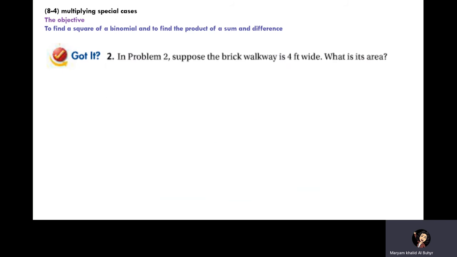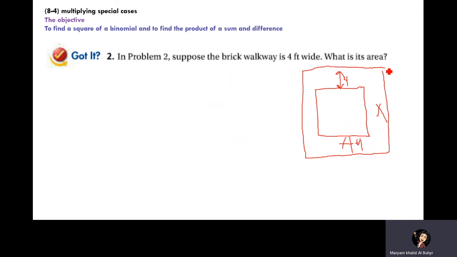Let me give you more details here. We have the patio, which was given as x, and this is x. They told you that if the brick walkway, which is this side, is 4 instead of 3, how can I get the side length for the big square?